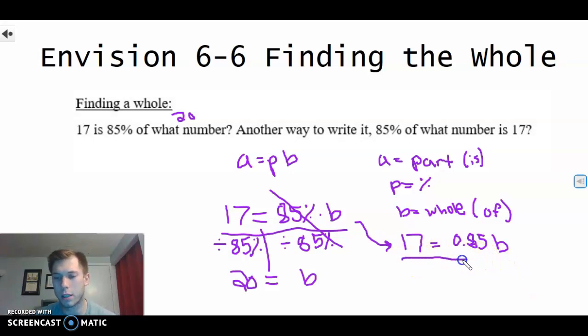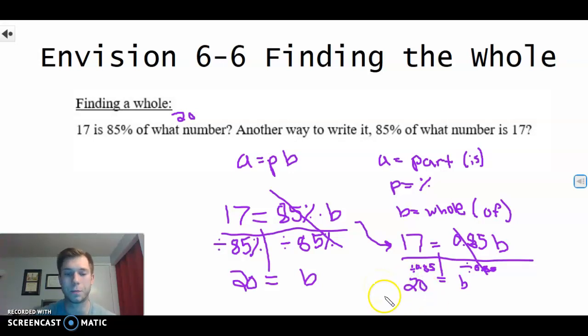And once again, you would set up your T-chart, isolate the variable b by itself by dividing by 85 hundredths on both sides. And I'm writing a little quick and sloppily here, trying to do my best. When you do that, these cross out, you're left with b. You bring down your equal sign, 17 divided by 85 hundredths, and your calculator would yield 20 as well.